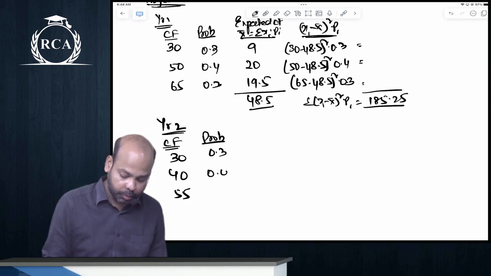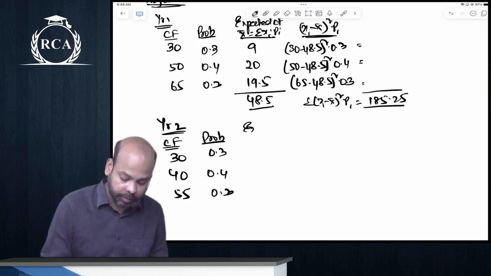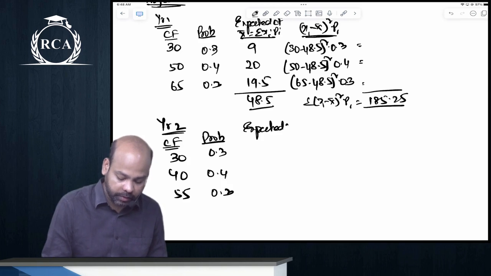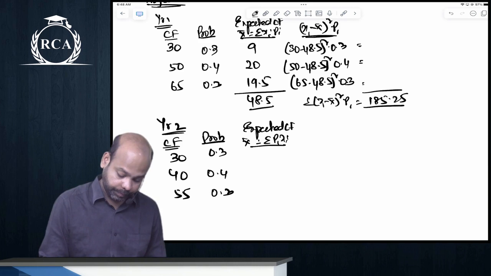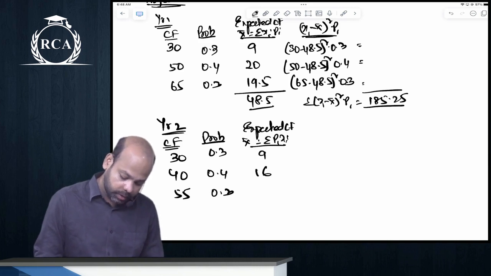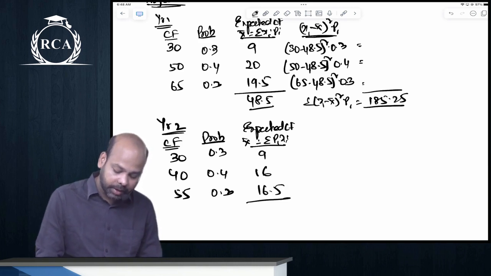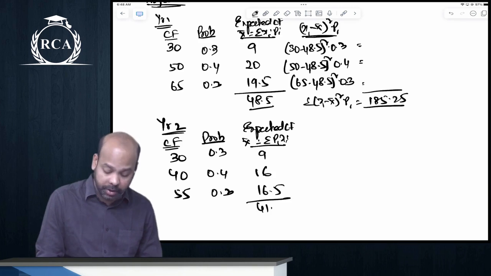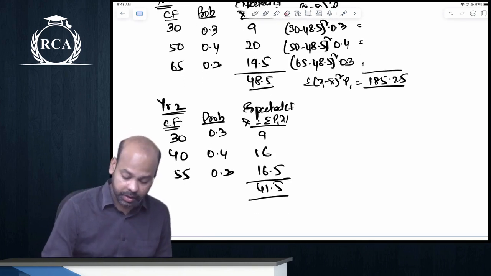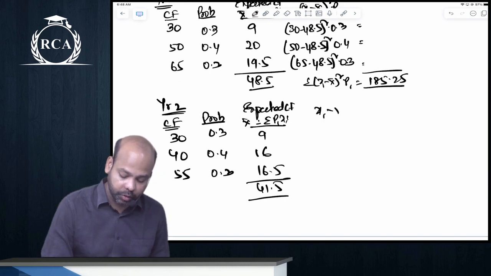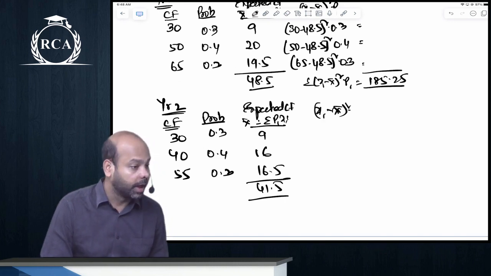Probability is 0.3, 0.4 and 0.3, guys. Expected cash flow beta x bar is equal to 9, 16 and 16.5, beta 32 plus 9, 41.5. You will now compute guys summation xi minus x bar whole square into pi.